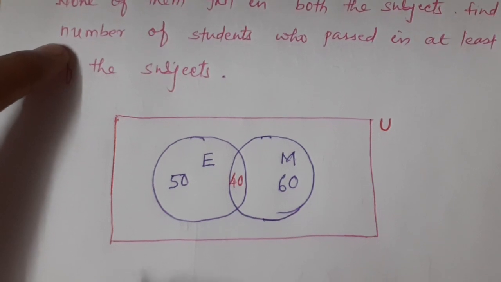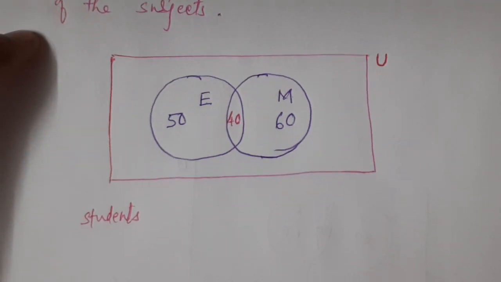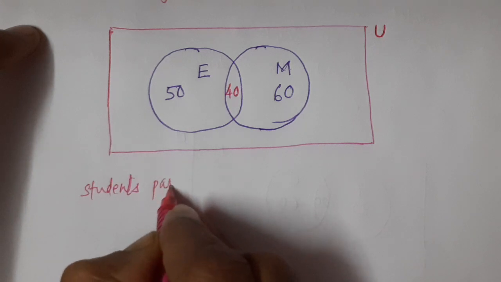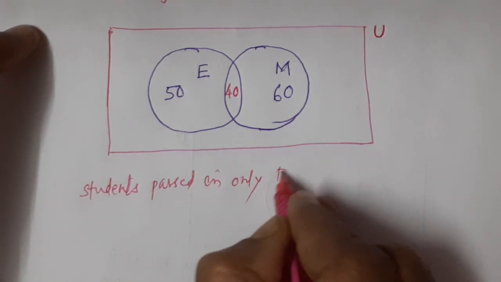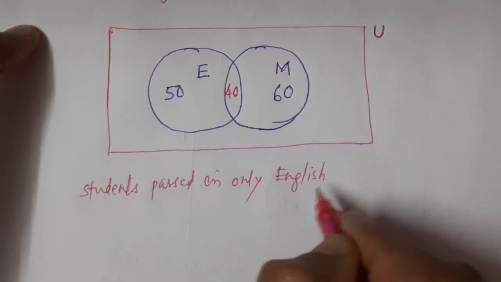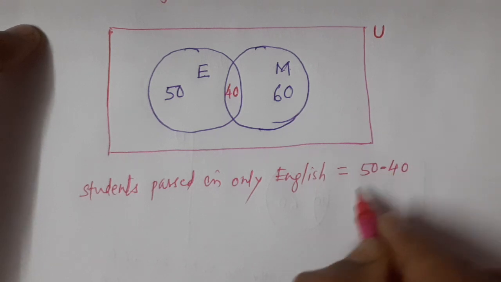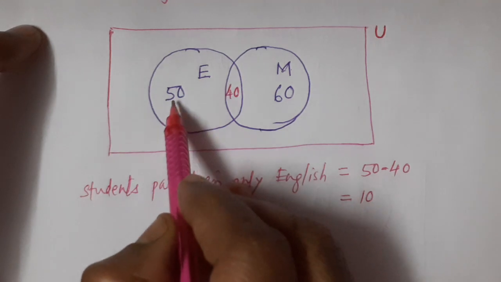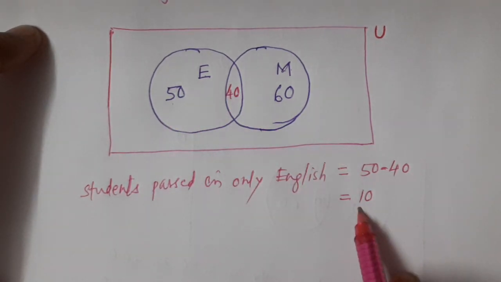Students passed in only English, I can calculate it as 50 minus 40, which comes out to be 10.